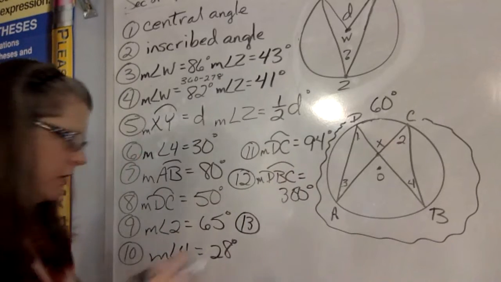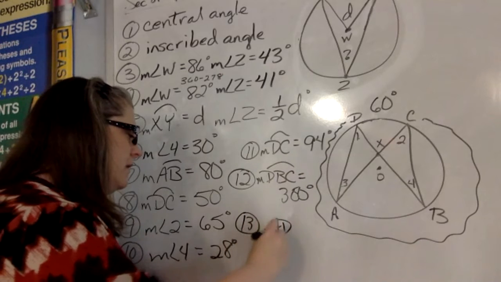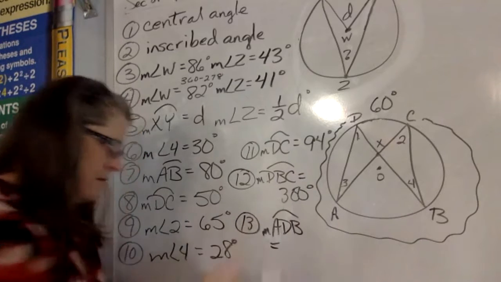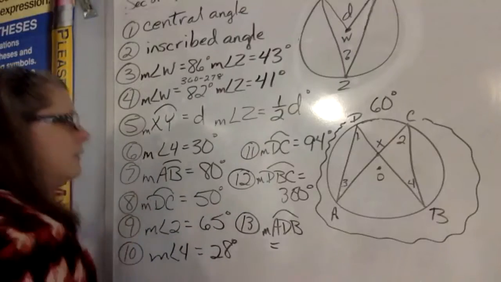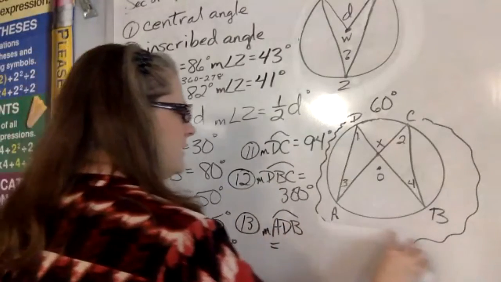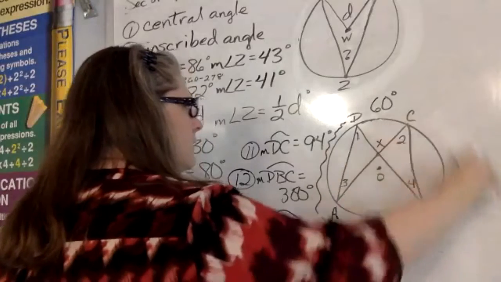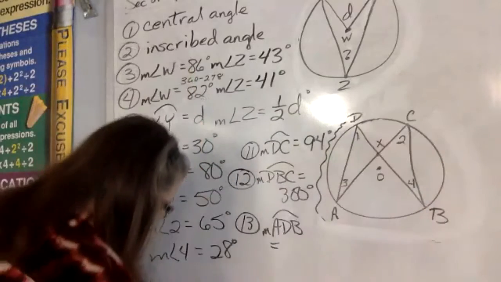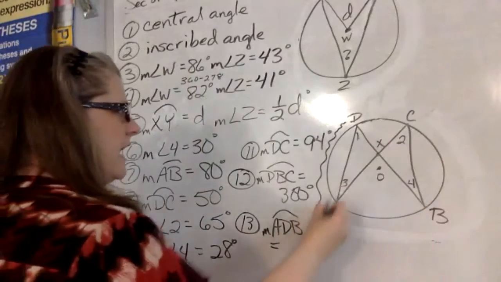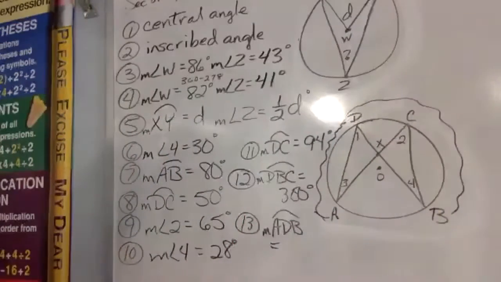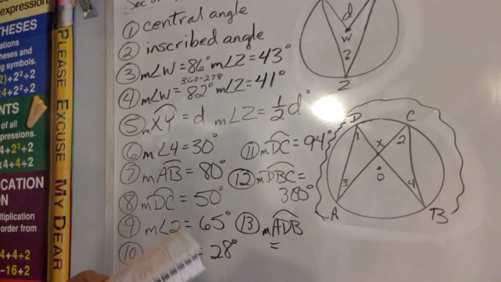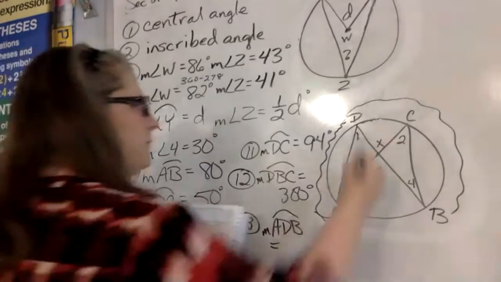Okay. And then number 13. On number 13, we're looking for the measure of angle ADB. So ADB is going around the other direction. It's going from A through point D all the way around to B. And it says on 13, measure of arc ABD was 290.